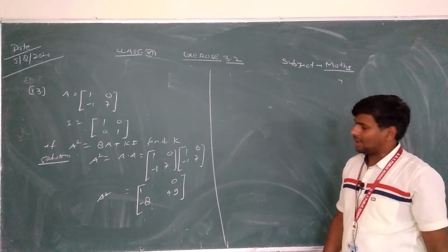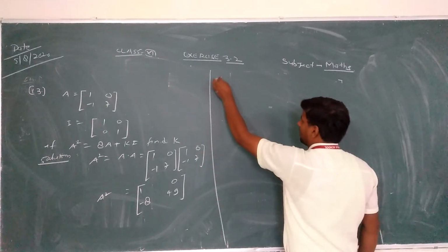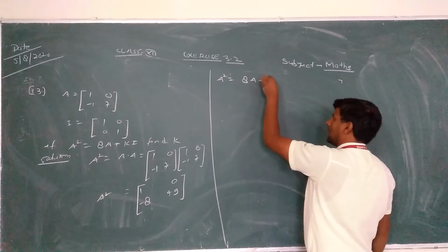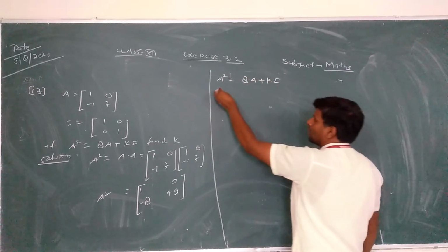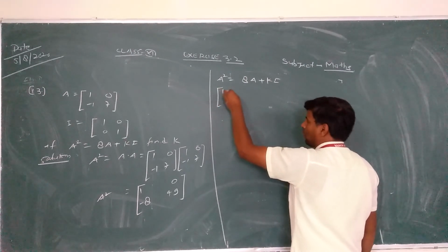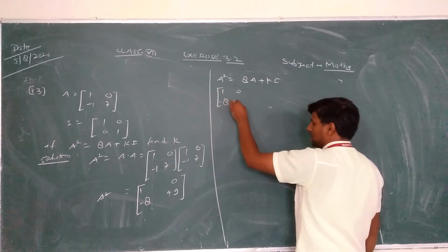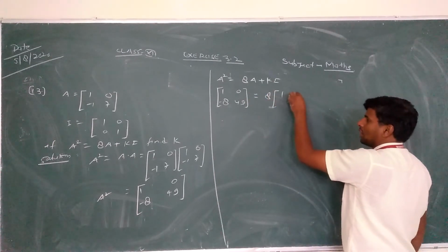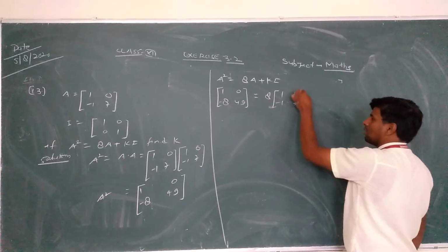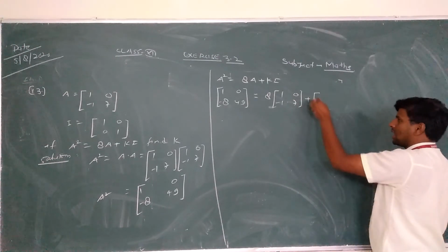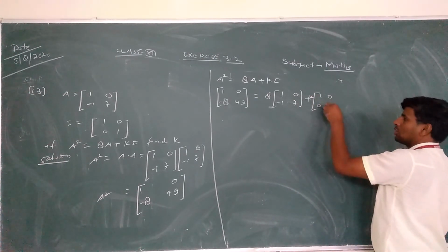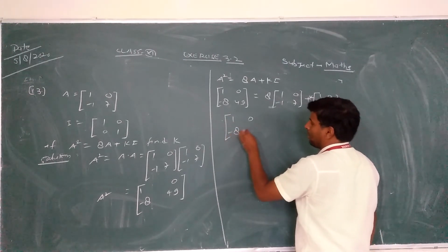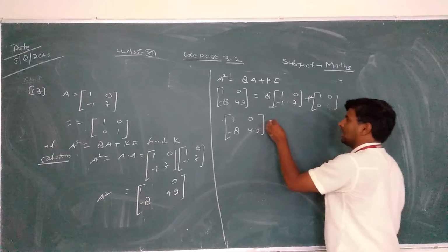Then we have given A square equal to 8A plus kI. So A square is [1, 0; minus 8, 49]. A means [1, 0; minus 1, 7], plus k [1, 0; 0, 1]. LHS is [1, 0; minus 8, 49].